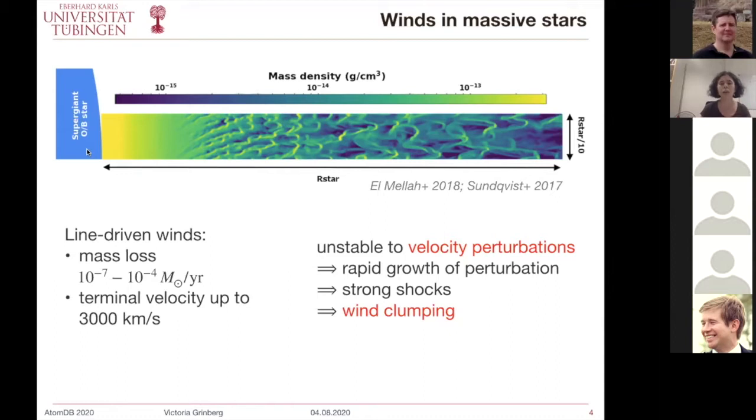Now you illuminate a medium like that with your neutron star, and you immediately can imagine that the ionization structure of this medium is going to be different, but also that the absorption through this medium is not going to be a simple absorption through a smooth medium.